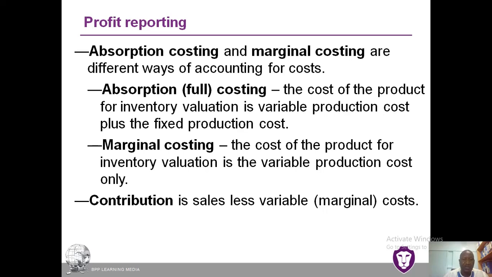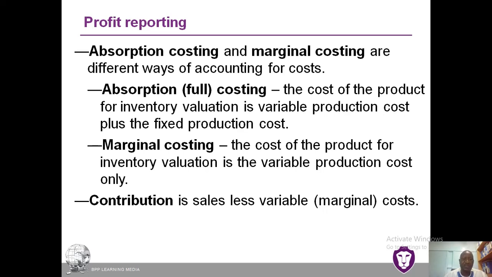Under marginal costing, the product for inventory valuation is costed at the variable production cost only. So under marginal costing, you only get the variable production cost as the cost of the products or units in inventory. So the difference is that absorption costing is the full costing method, where inventory is costed at both variable and fixed production cost.